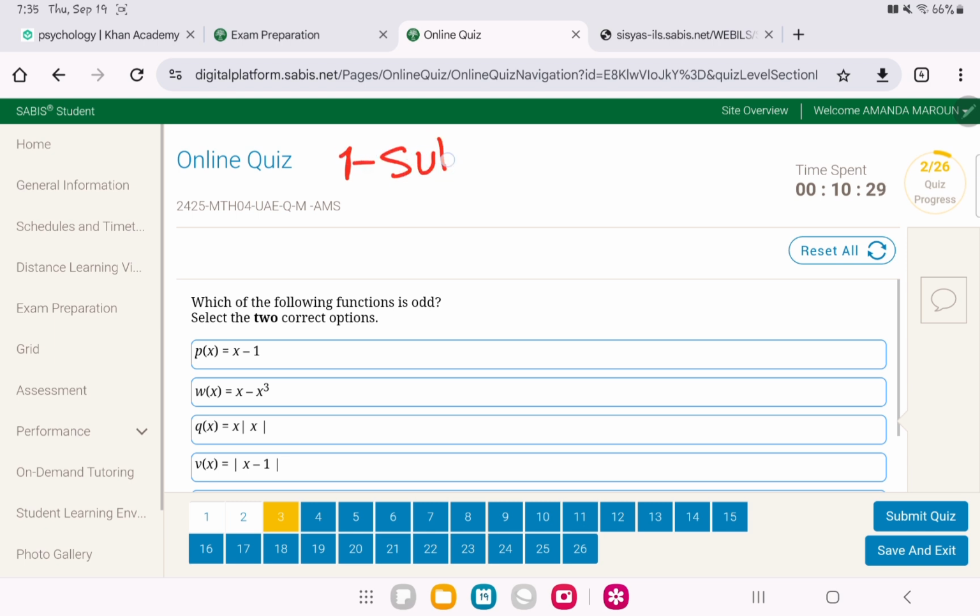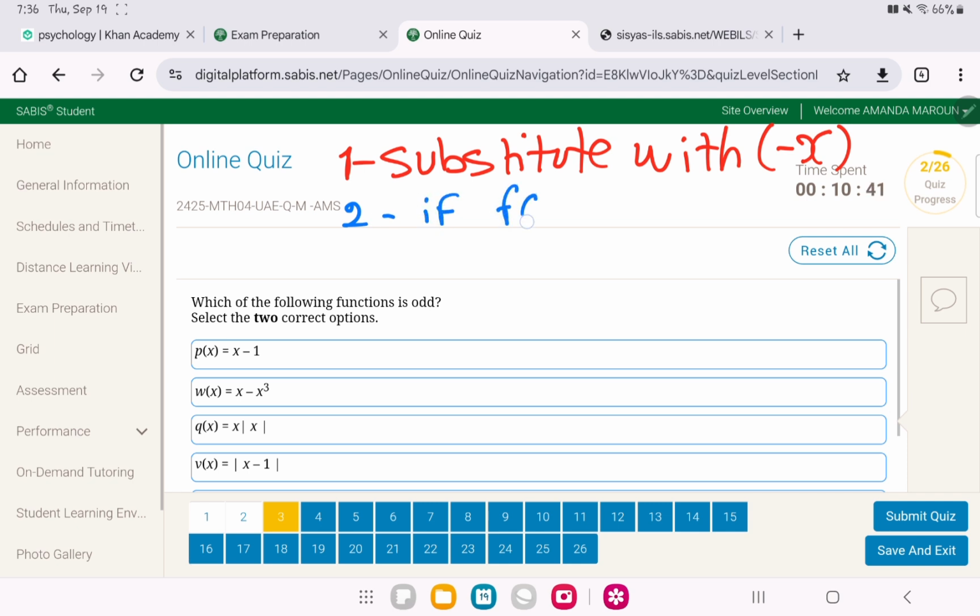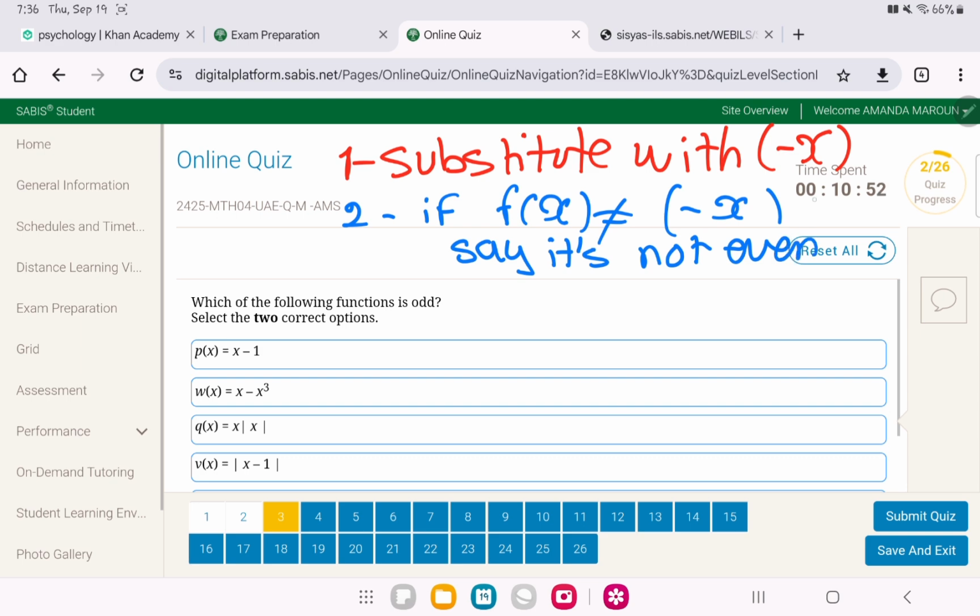First, substitute with -x. Second, if f(x) is different than f(-x), say it's not even.